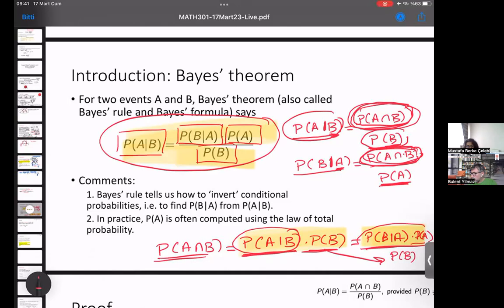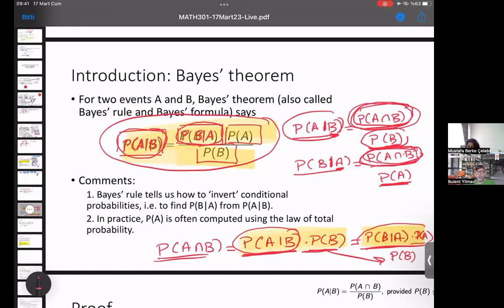I know probability of B given A, and I would like to find out probability of A given B. So it's a kind of inversion of conditional probabilities.